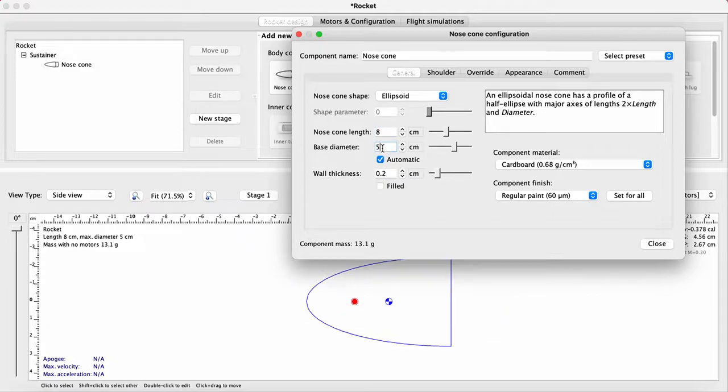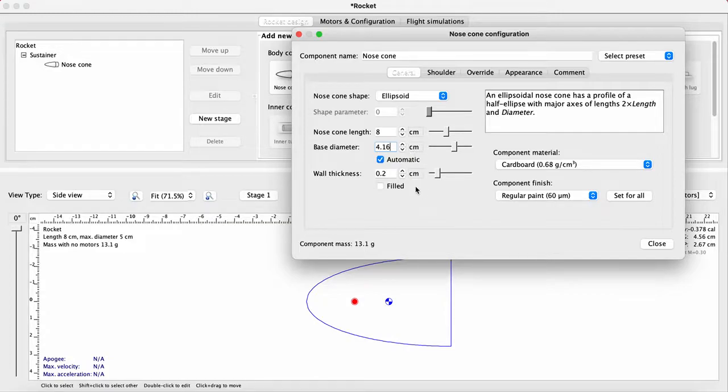And the base diameter of my nose cone is, for this lab, most of you, if not all of you, are going to be using the NC60 body type, which has a very specific diameter, where the outer tube is 4.16 centimeters and the inner tube is 4.05 centimeters. Okay, so that means that the base diameter of this nose cone has to be equal to the outer diameter of the tube that you're using, which is 4.16 centimeters.